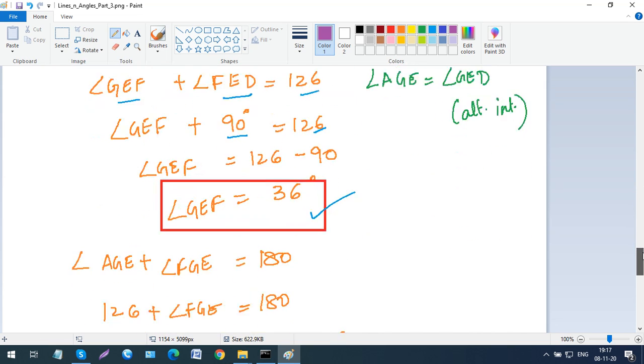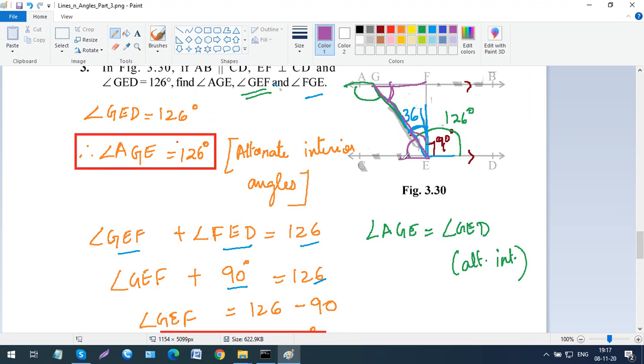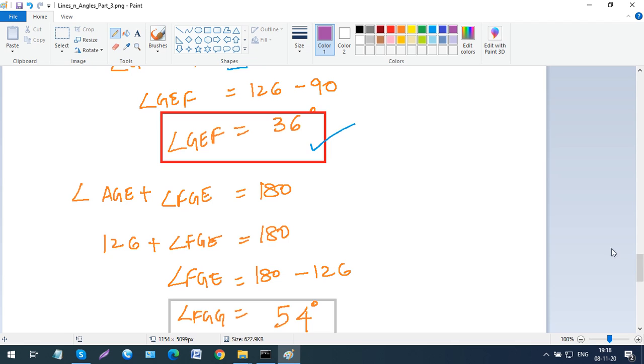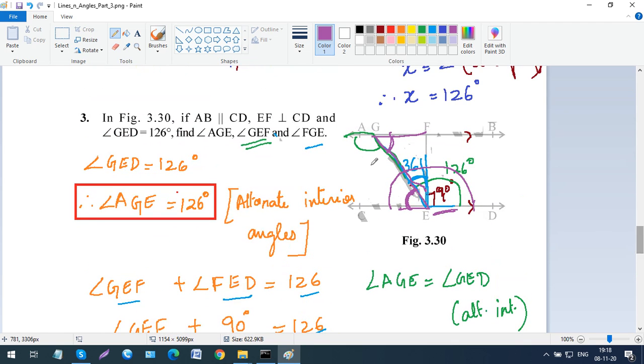So how can you find this? See, this whole thing is 180. Which whole thing? From here to here. This whole thing is 180. It's lying on the straight line, no? So you have this part of this as 126. So the remaining is what we need to find out, right? So here angle AGE plus angle GED is 180 degrees, right?